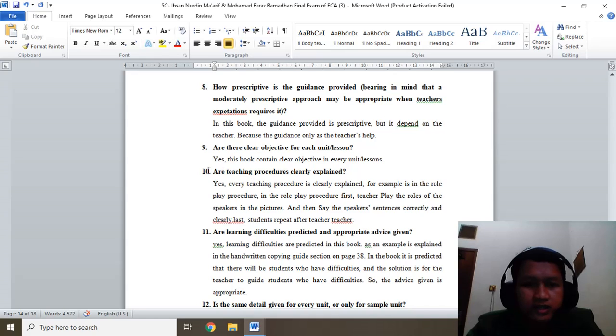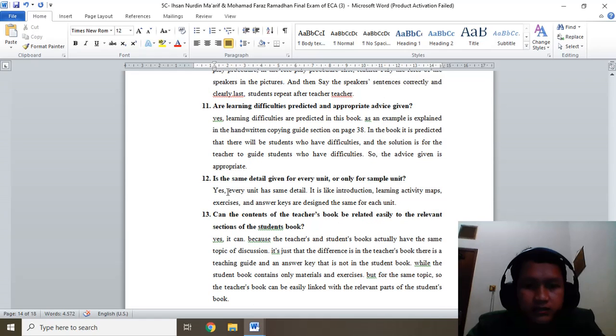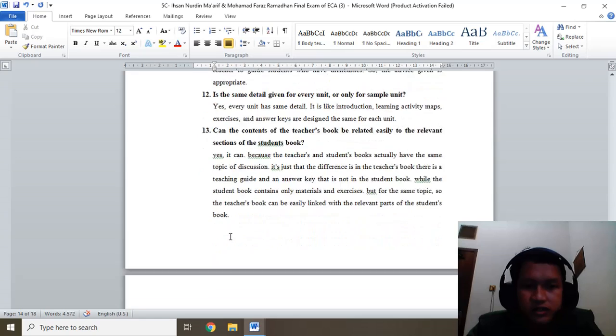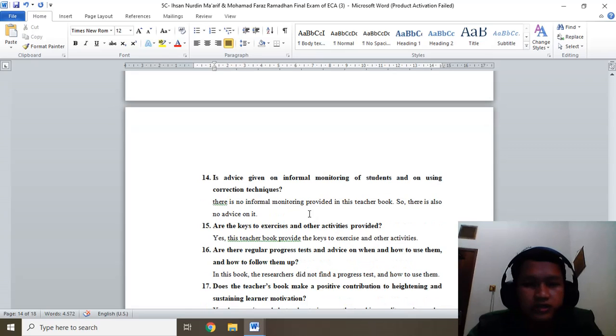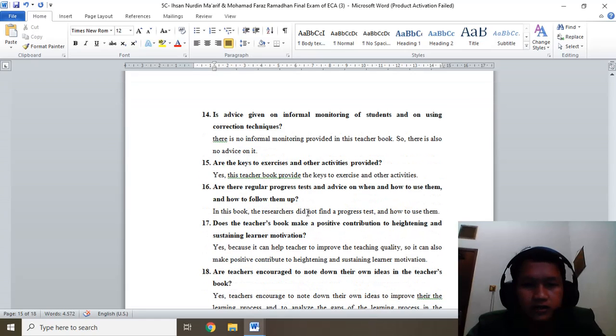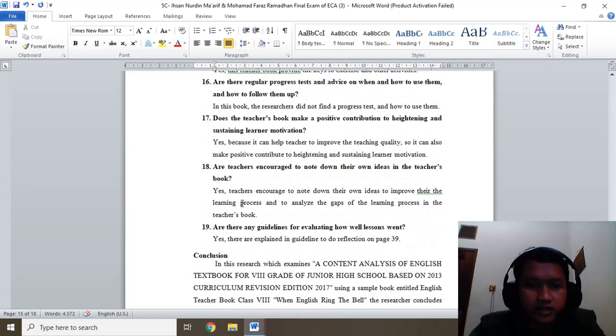Number 9 yes, number 10 yes, number 11 yes, number 12 yes, number 13 yes, number 14 I don't know, because there is no informal monitoring provided in this teacher's book. I think it is no. Number 15 yes, number 16 in this book the researcher did not find a progress test, so the answer is no. Number 17 yes, number 18 yes, number 19 yes.